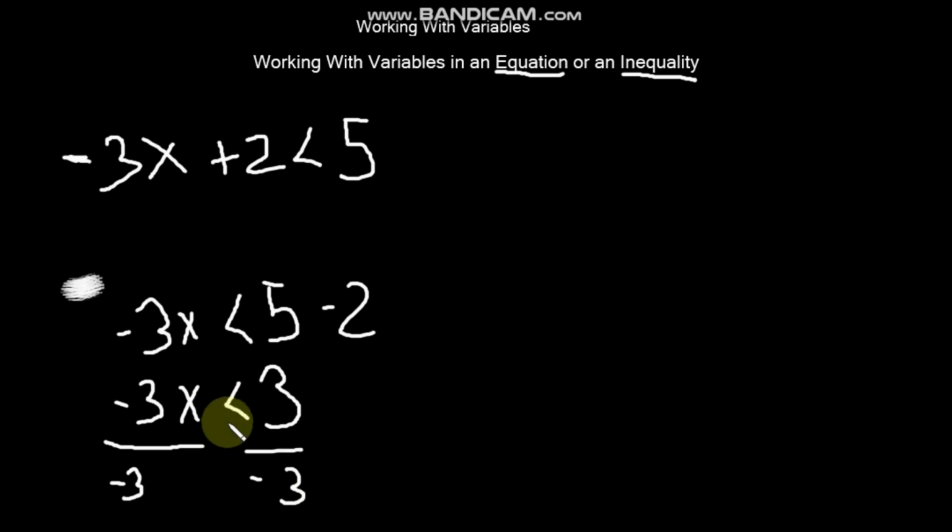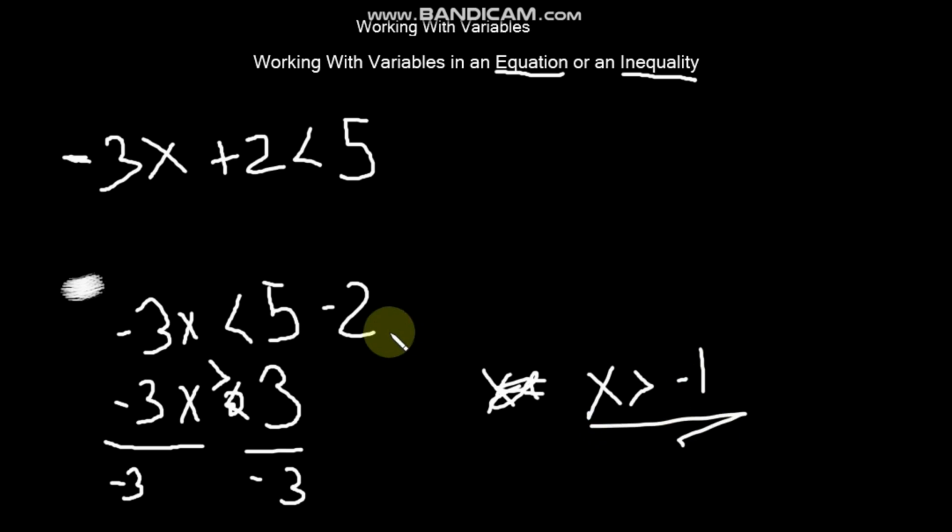So if we make this sign face the other side, finally the answer will be x is greater than negative 1. So let's check it. We said that x must be greater than negative 1. Let's say a number greater than negative 1, let's say 5.